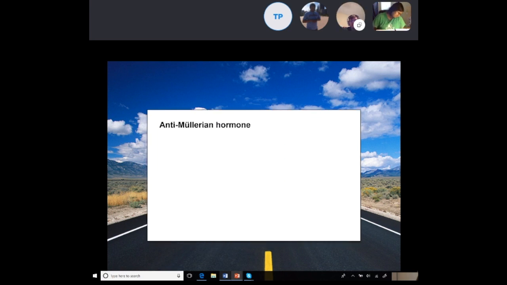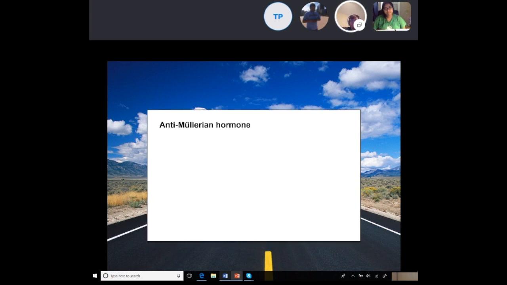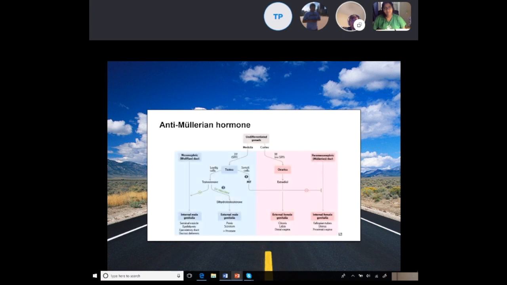Anti-Müllerian hormone. And again, in androgen insensitivity syndrome, the problem is testosterone receptors don't work, so nothing here works. But they do have testes, which still make the Müllerian inhibitory factor, which does not allow these to be made.